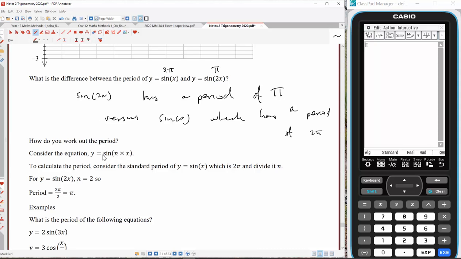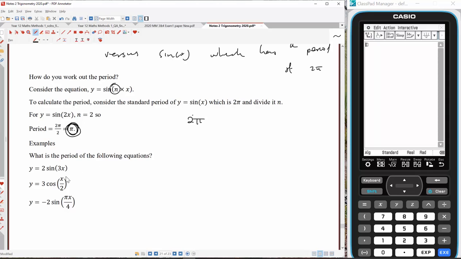If this is our equation, y equals sine nx, to calculate the period, consider the standard period for sine x, which is 2 pi, and then divide it by whatever this value n is. In the graph above, n was 2, so I do 2 pi over 2, which means it's pi. So the period in this case was pi.